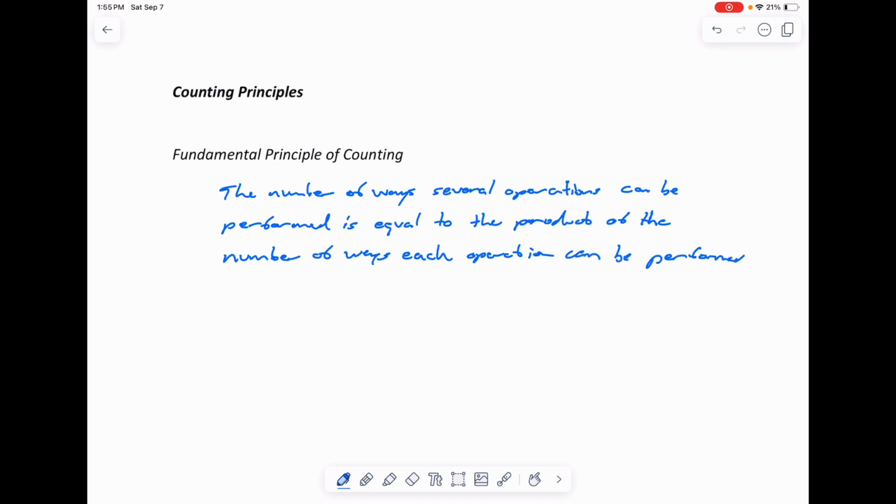Okay, so this is a really long-winded way of saying if you've got several events and you want to know how many ways can those events happen, you're just going to multiply how many ways each event can happen. Okay, so I'll just give you some examples here.